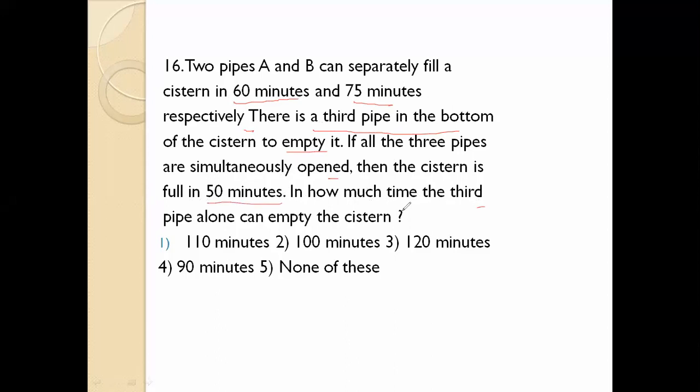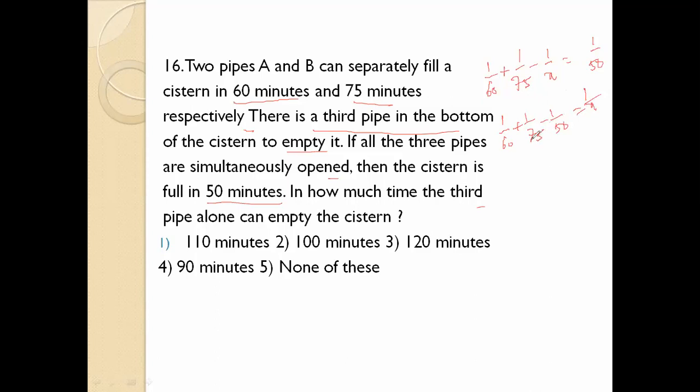In how much time can the third pipe alone empty the cistern? So first pipe 1 minute work is 1 by 60 plus second pipe filling means 1 by 75. And the third pipe that empties means minus 1 by x, equal to 1 minute work, 1 by 50. That means 1 by 60 plus 1 by 75 minus 1 by 50 equal to 1 by x.